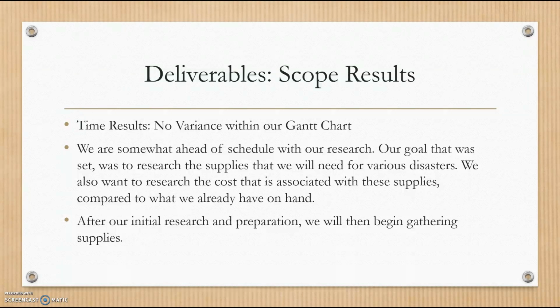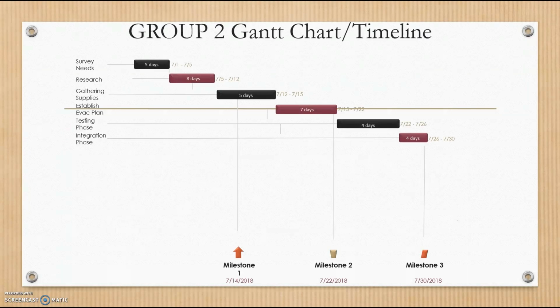And we'll talk about how that changes our cost a little bit later. And after we research and after we're prepared, this is when we will then begin gathering our supplies.